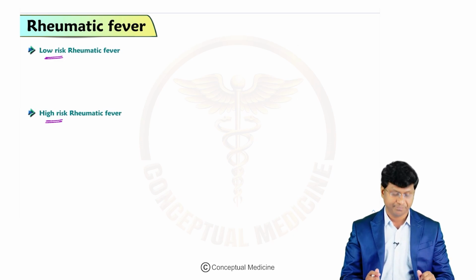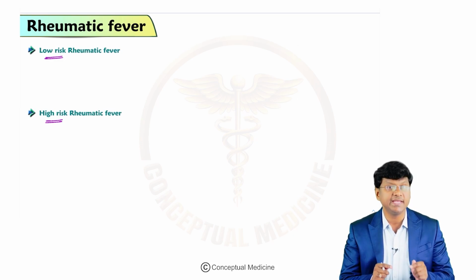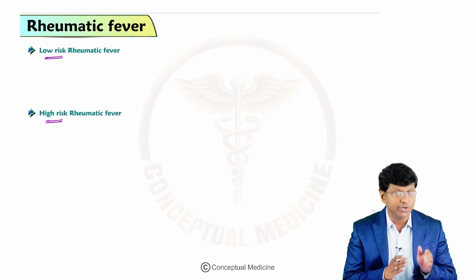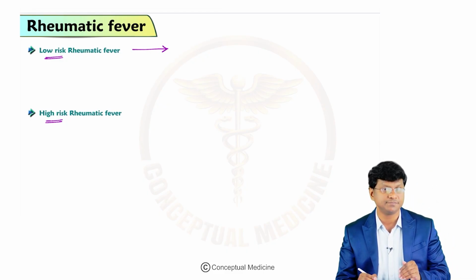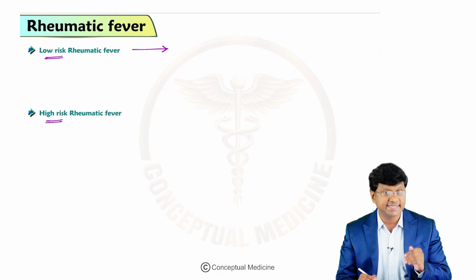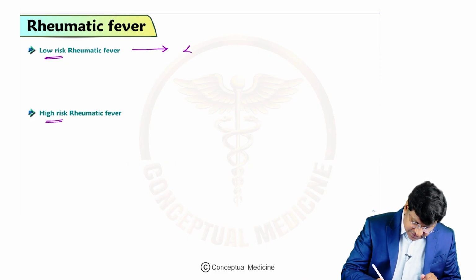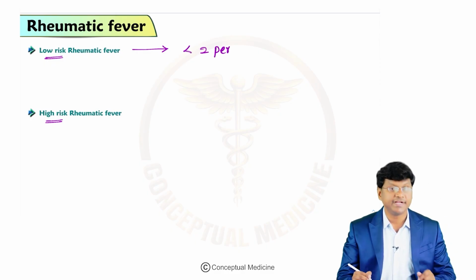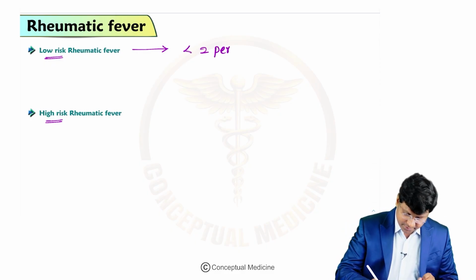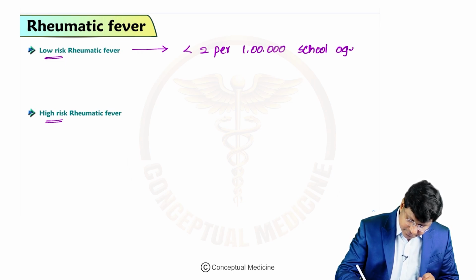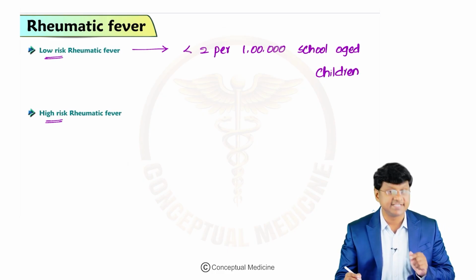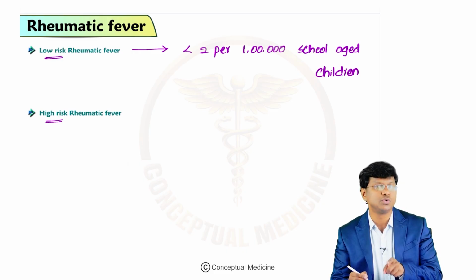Let me tell you. Any individual or a group of population where the incidence of rheumatic fever is less than 2 per 1 lakh school aged children.